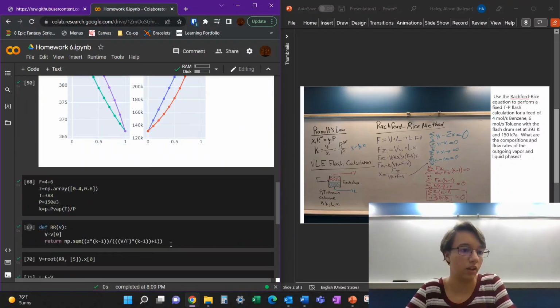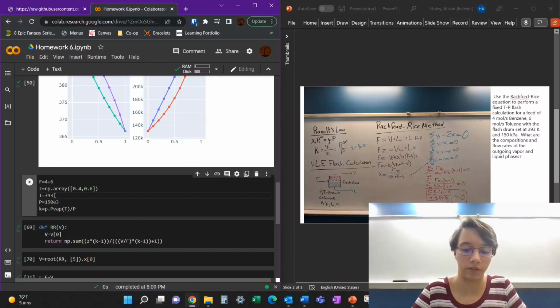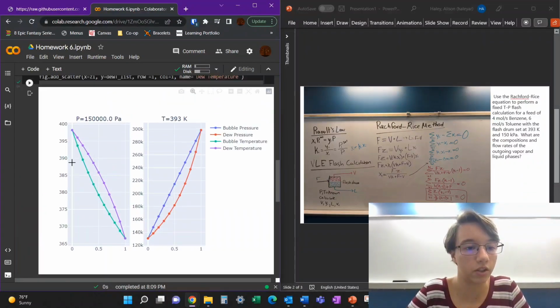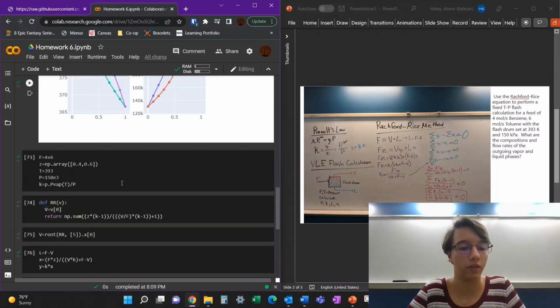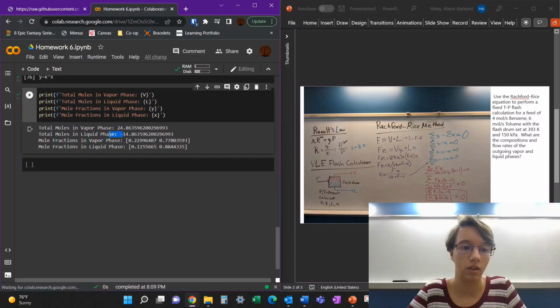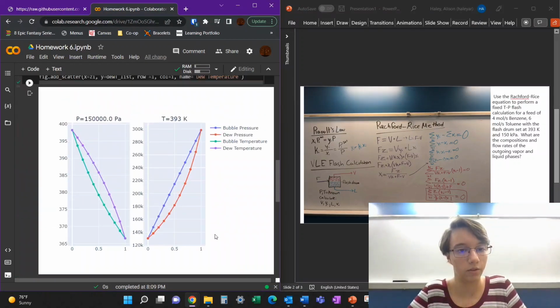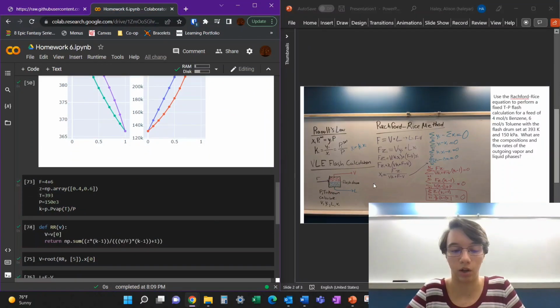Nothing's negative, and it will work. But for this problem, we were given this temperature value, which is not in the two-phase region between these two curves, and therefore this calculation will give us a negative value. But that is how you would use the Rachford-Rice equation to calculate a problem like this.